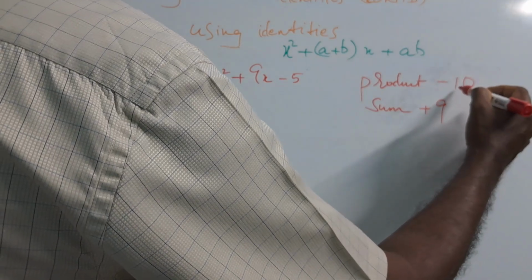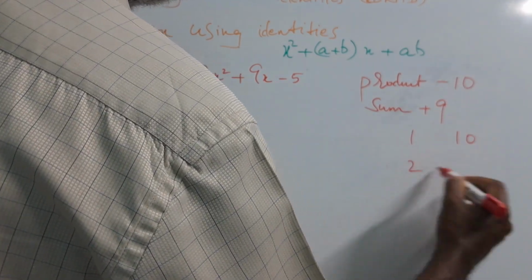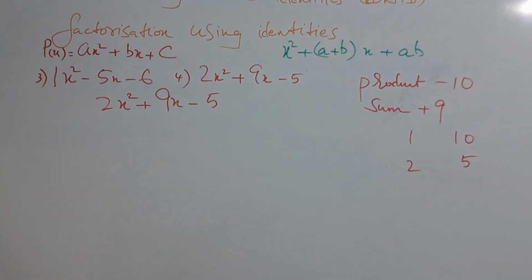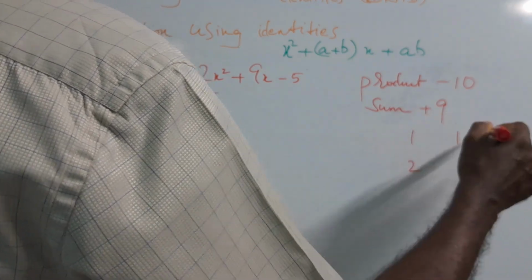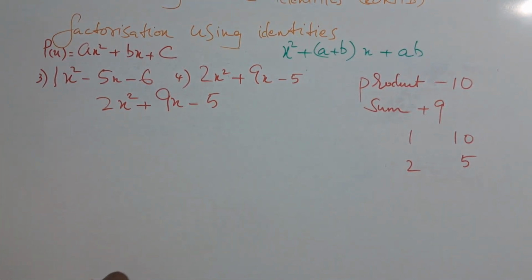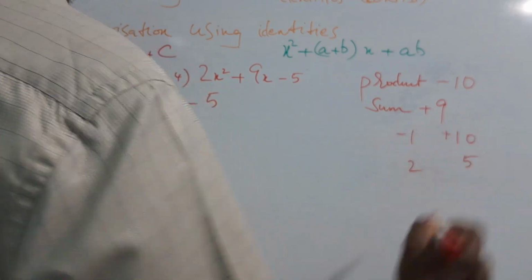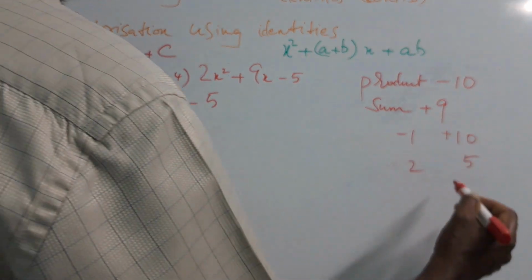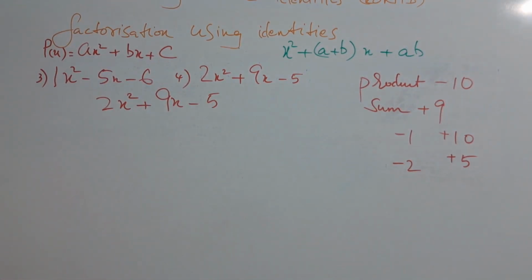Two numbers whose product is 10: 1 and 10, 2 and 5. Since the product is a negative number, one of the numbers is negative, the other is positive. Since the sum is positive, the larger number is positive, smaller negative. In the second pair also, larger number positive, smaller number negative.